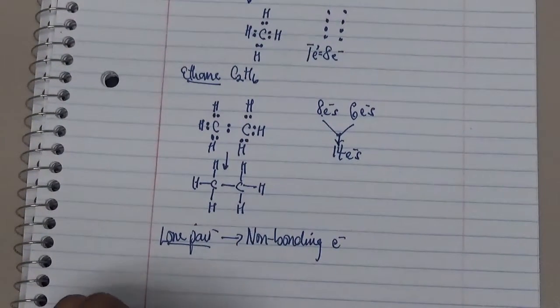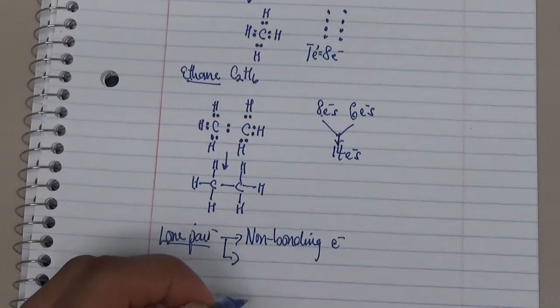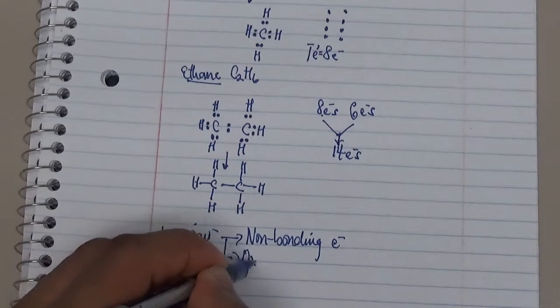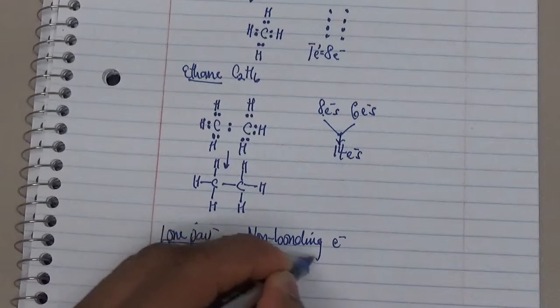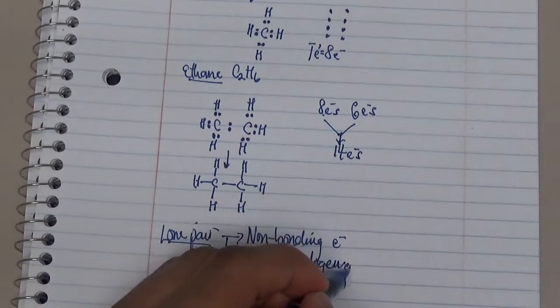As a result, we know that most atoms present in molecules that exhibit these lone pairs are mostly oxygen and halogen atoms.